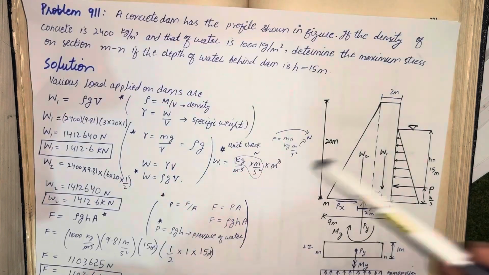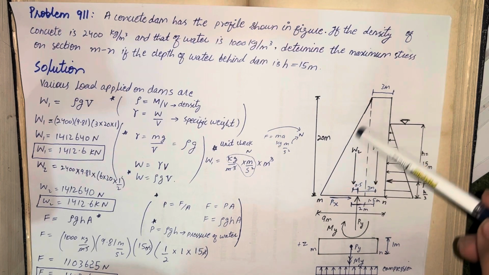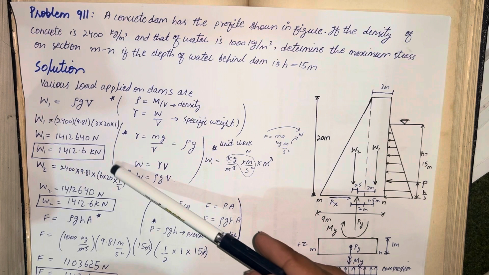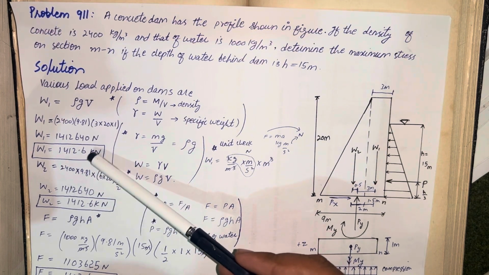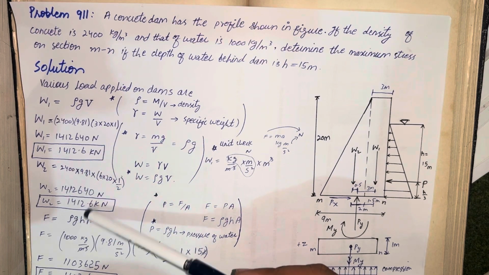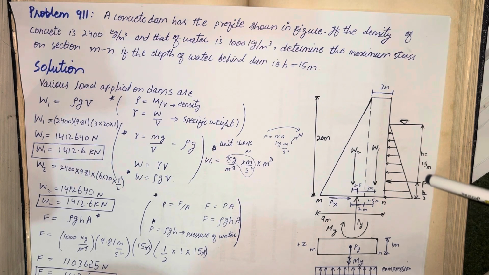When we equate this, we will get the self weight of this part of the dam. So we have found W1 and W2, which are equal to these values: 1412.6 kilonewton for W1, and 1412.6 kilonewton for W2.